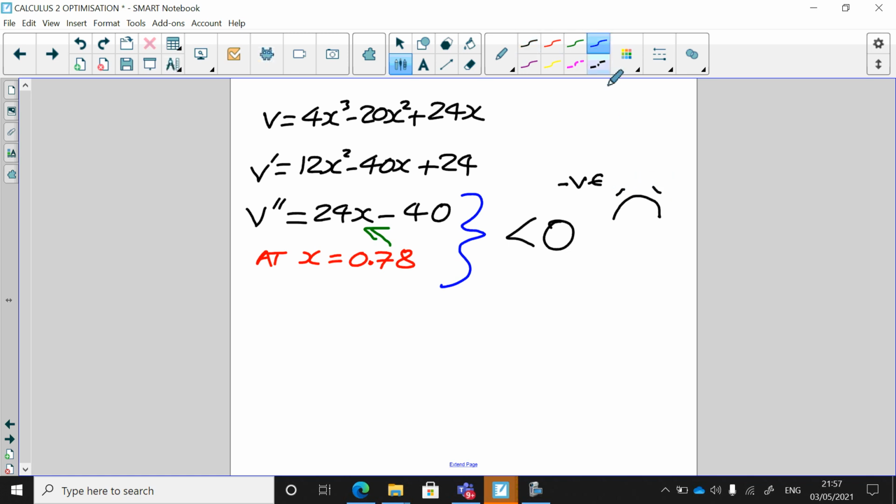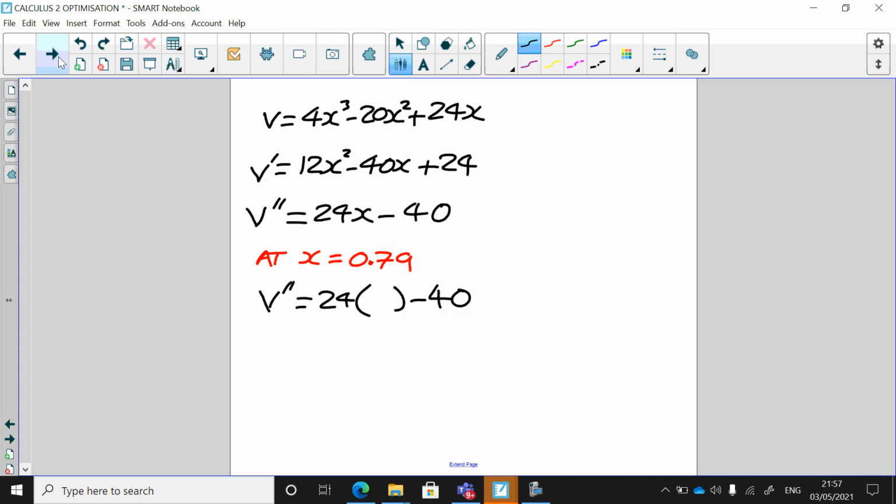It's no happy, is it? Not happy. So not happy means, well, actually it looks like a maximum at the point. So we have actually found that it's a maximum at 0.78. So that's fine. So we've confirmed that.